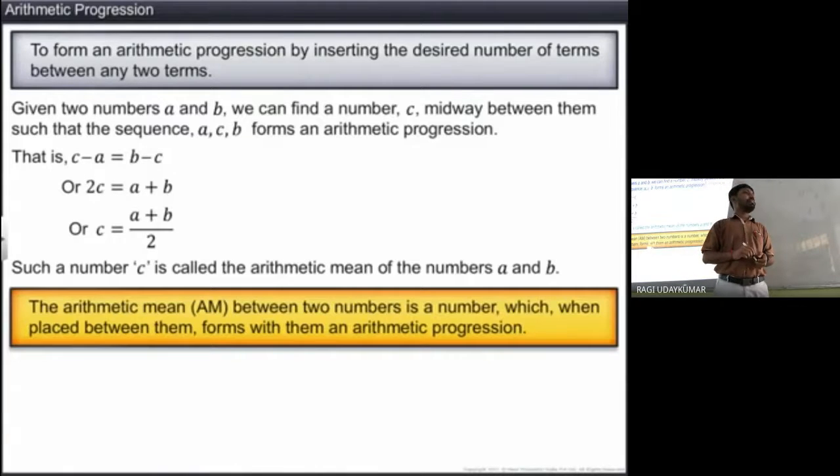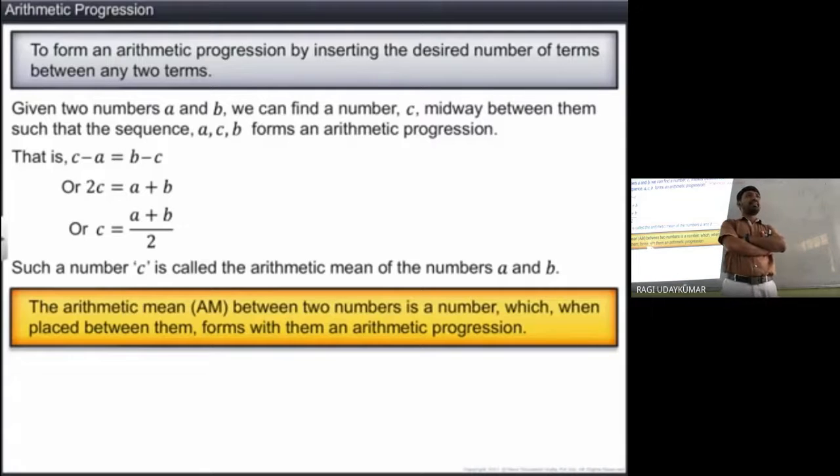So what number can be inserted between 1 and 100? Suppose I am asking for one number to insert; why 100, let us take 10. Between 1 and 10, one number is to be inserted to form an arithmetic progression. What is that number?